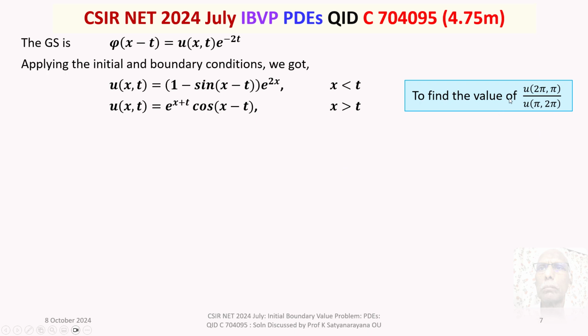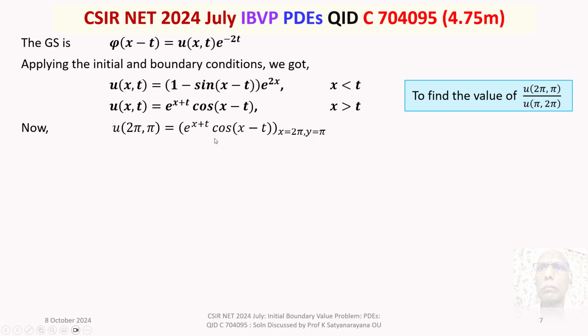Now if we want u(2 pi, pi), 2 pi is in the x place and pi is in the t place. So that means x greater than t. 2 pi greater than pi, x greater than t. So we have to use the second formula, this one. We use e to the power x plus t into cos of x minus t when x is 2 pi, t is pi.